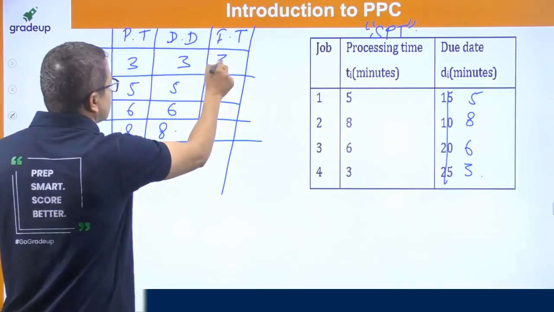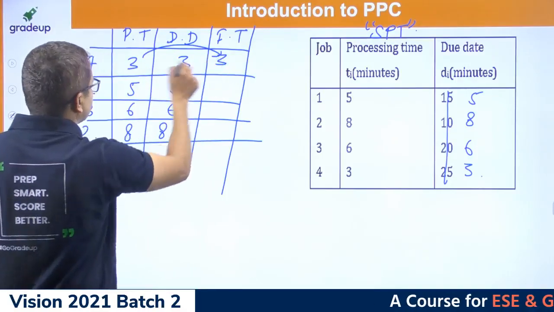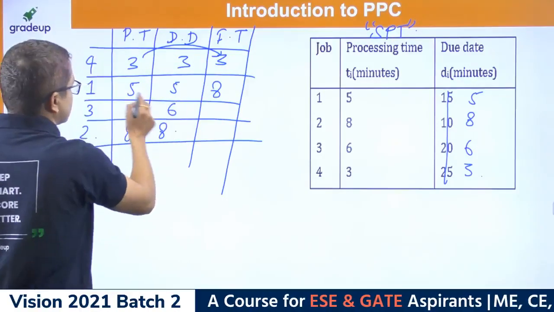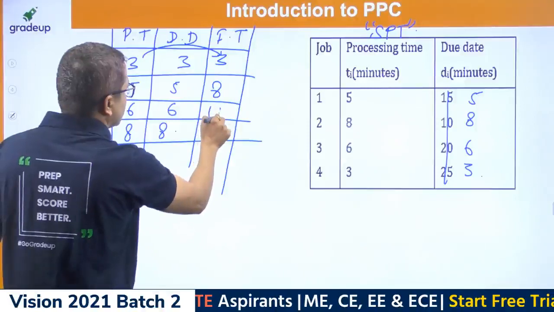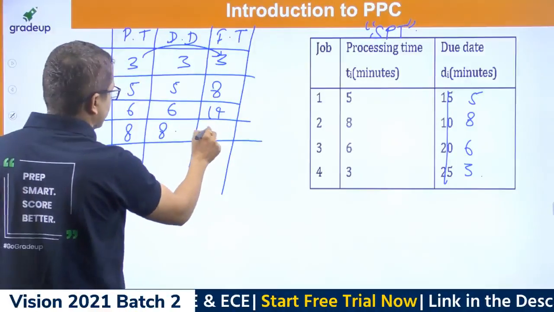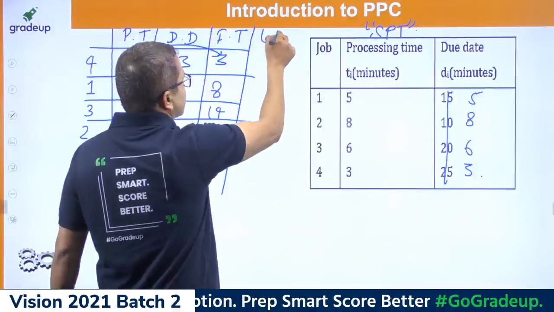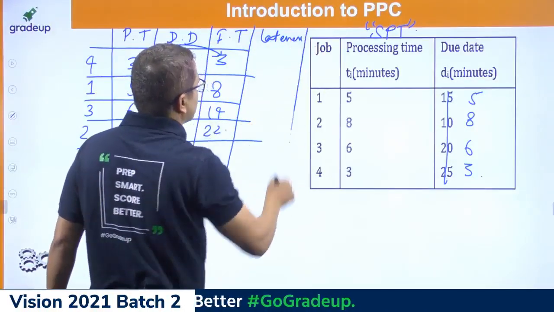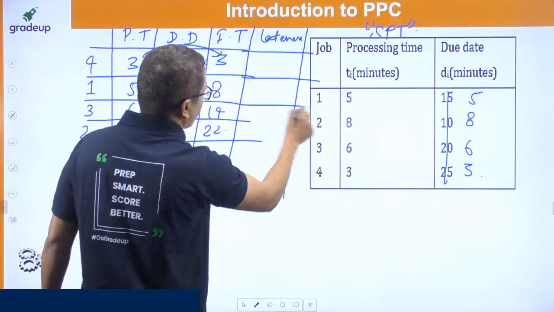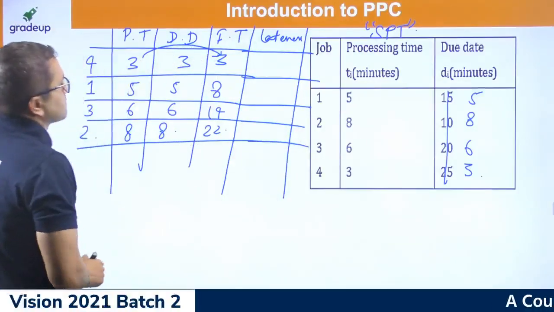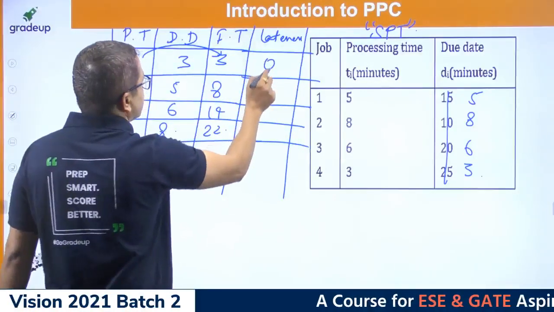Let's do this. So it's going to be 3. 3 plus 5 is 8. 8 plus 6 equals 14. 14 plus 8 equals 22. Is that good? Now here I'm going to write lateness or tardiness. Both are the same. So lateness I'm going to write 0.